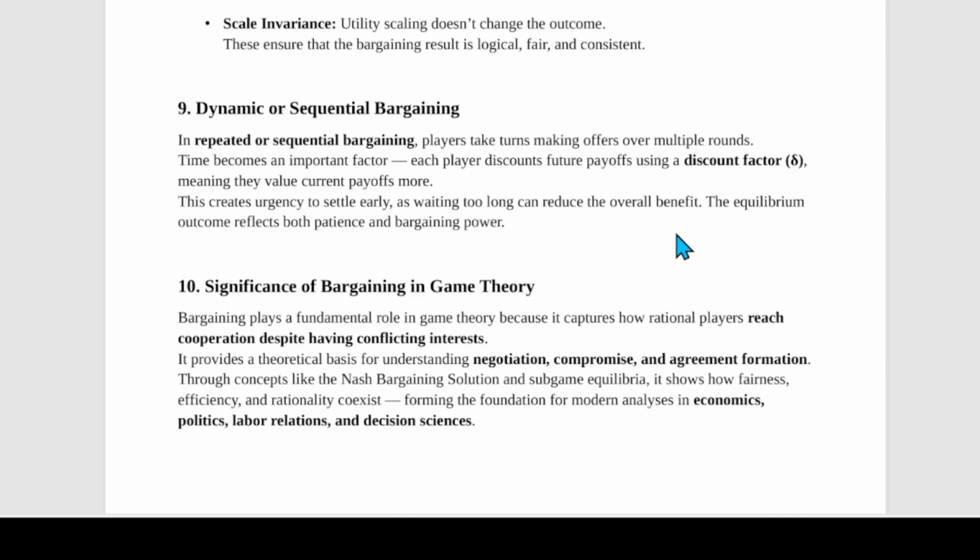If a player is impatient, then the discount factor is lower. That means it has weaker bargaining power. If the discount factor is high, that means stronger bargaining power.